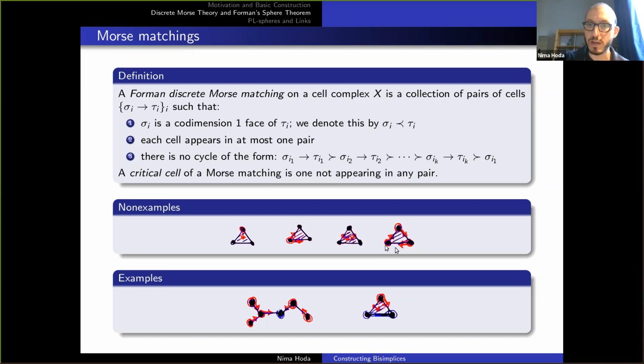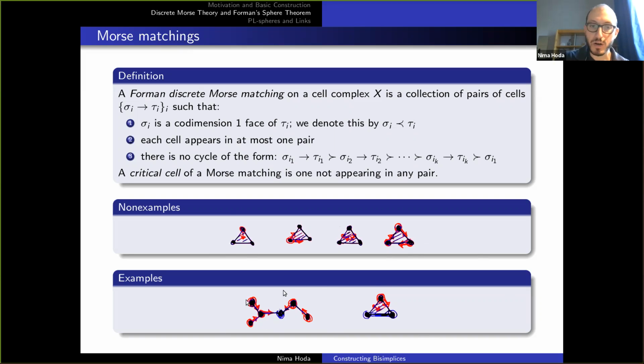And finally, here we're violating the no cycle rule. We have a vertex that's matched to an edge, and then this vertex is a codimension 1 face of that edge, and is also matched to this edge, and so on until we're back to our original vertex. Okay, so these are all the things that can go wrong.